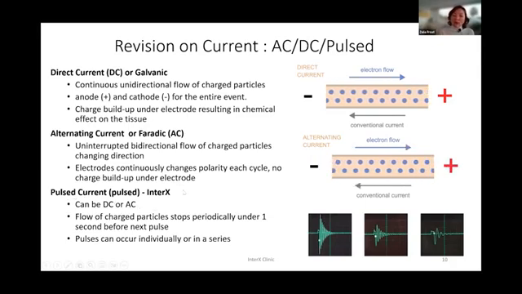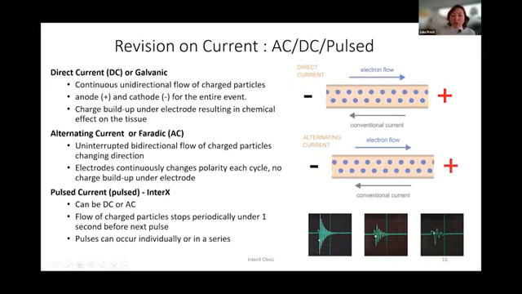Pulse current can be direct or AC pulse current. It can have different shapes, like a saw or a wave, so the particle flow periodically changes.